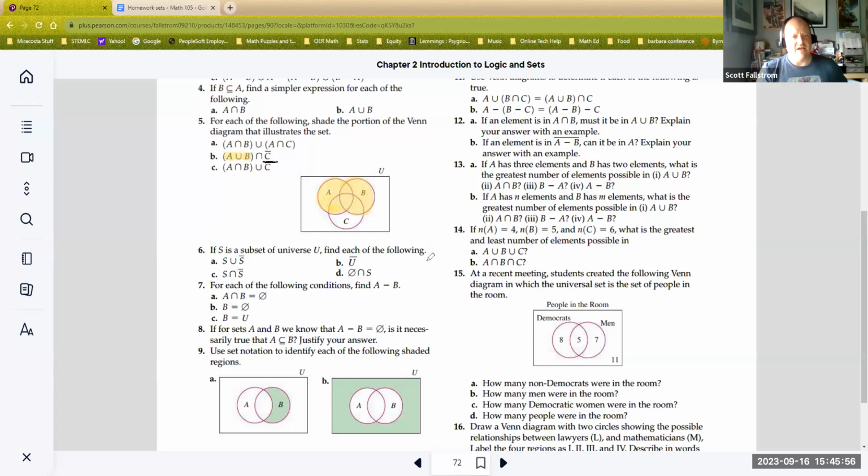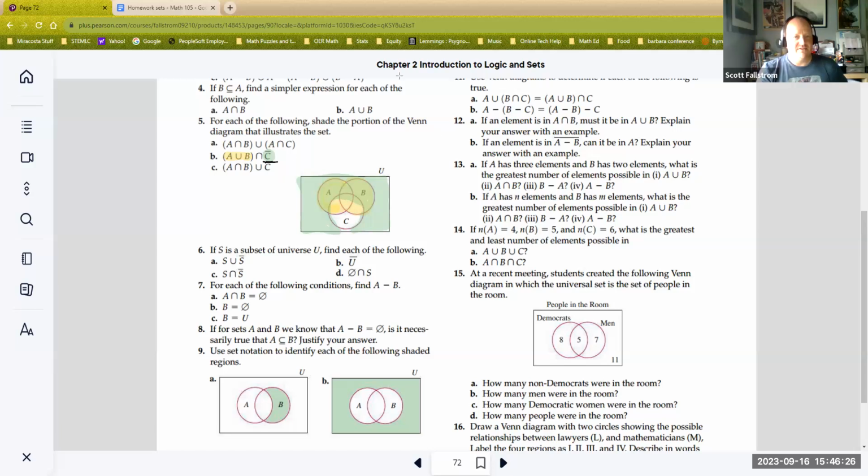So there's A union B. Then shade everything that is not in C. And that means everything that's not in C. So definitely the stuff inside the box, but also all of this other stuff as well, right?